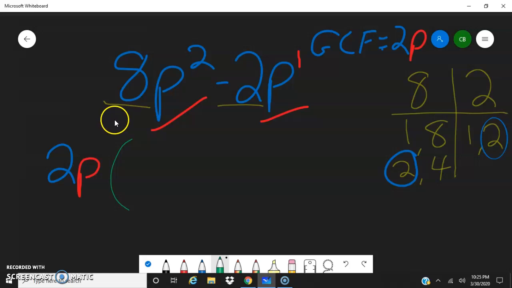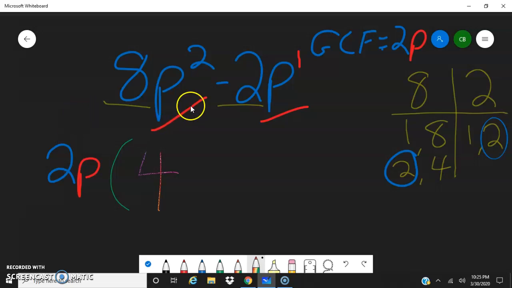I'm going to take this term right here, this 8p squared, and divide it by 2p, our greatest common factor that we factored out. Let's do the coefficients first. 8 divided by 2 is 4.